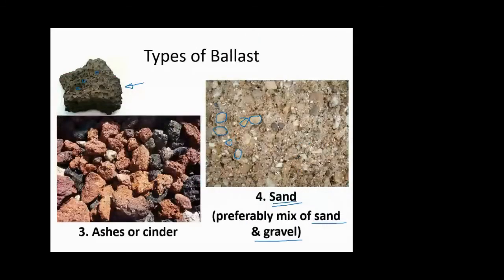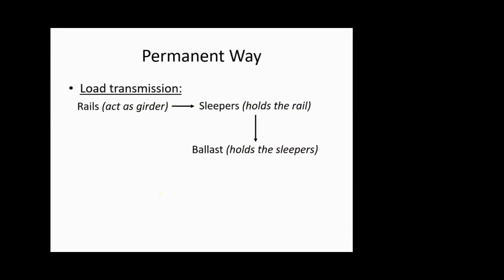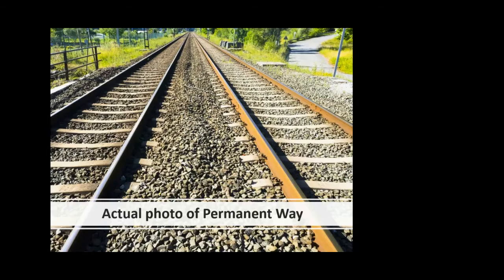Again, if we take a quick recap, the permanent way had many components, a lot more components. We started with the first one, which was the rails. We saw the types of rails, mainly three types: bull-headed, double-headed, and flat foot.